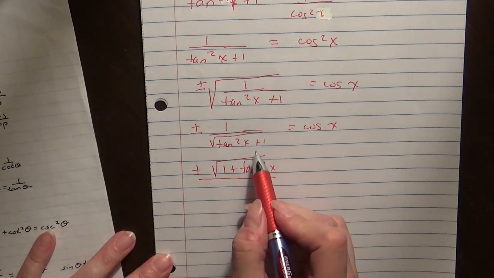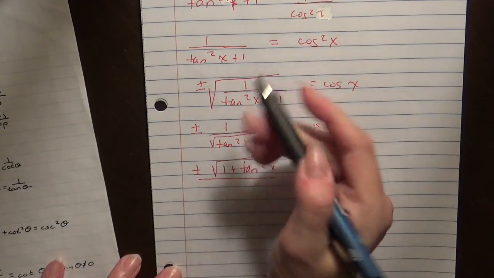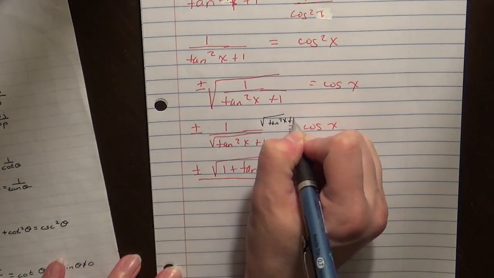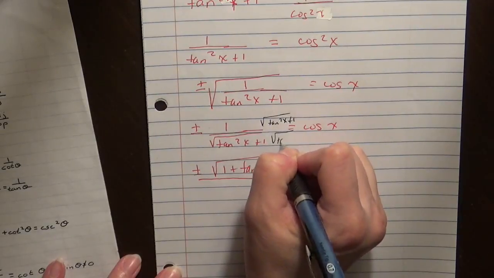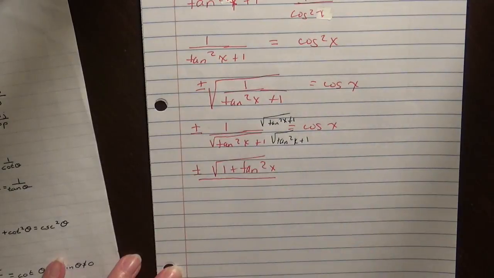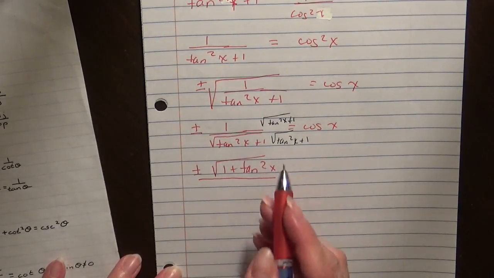And then if I multiply the denominator, so what did I do there? Let me make sure that's clear. I'm rationalizing my denominator. I'm doing square root tan square x plus 1 over square root tan square x plus 1, multiplying the top and the bottom of that square root. My denominator is just good.